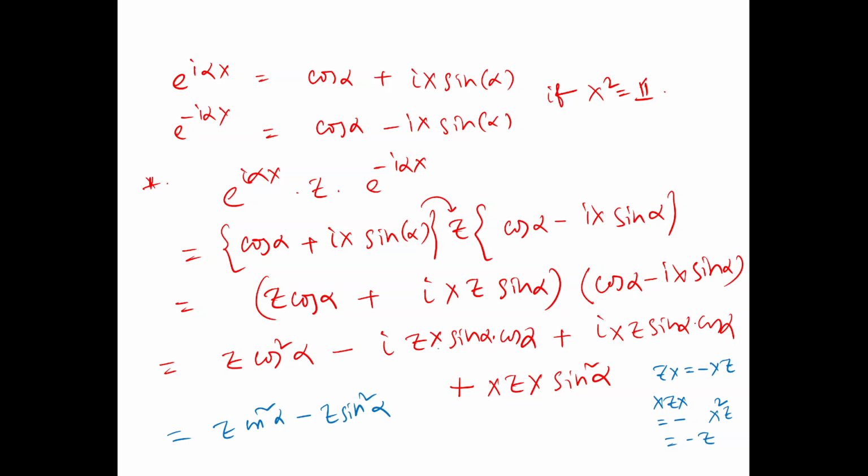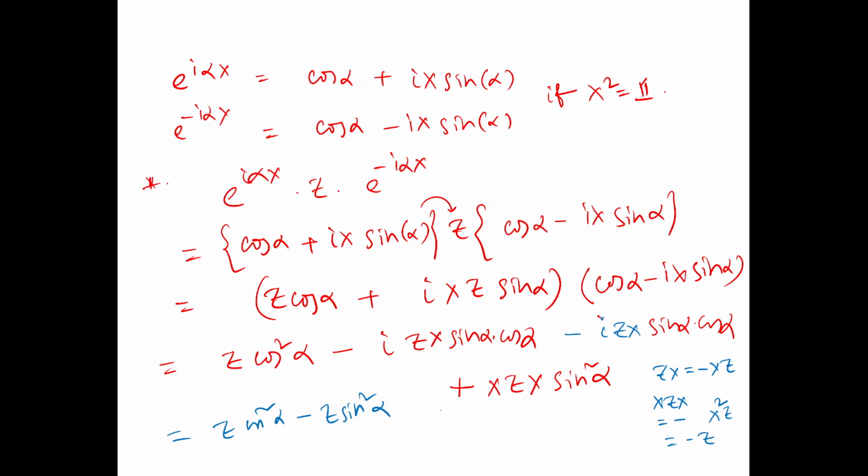Now here you can take common I. You can simply write this xz as minus zx, right?